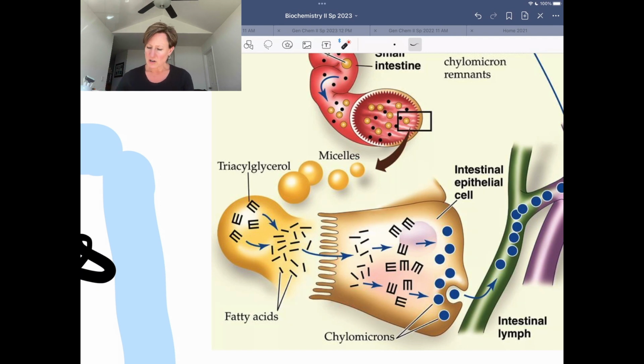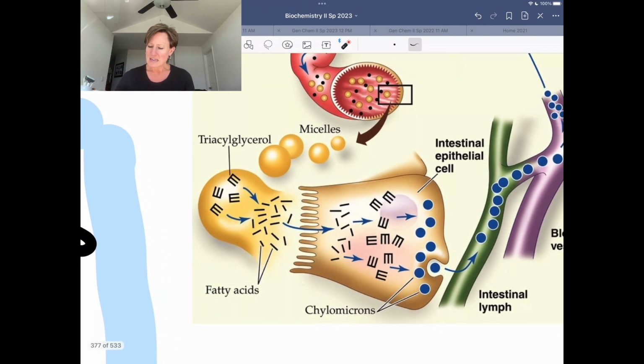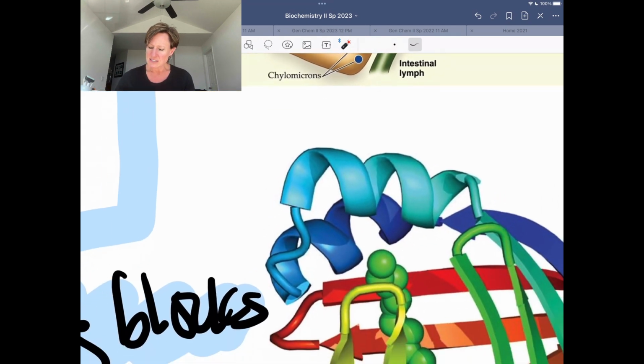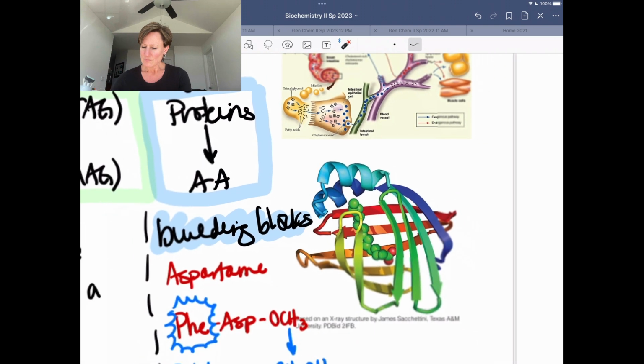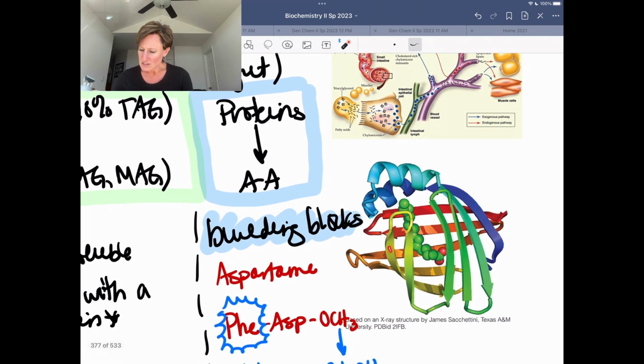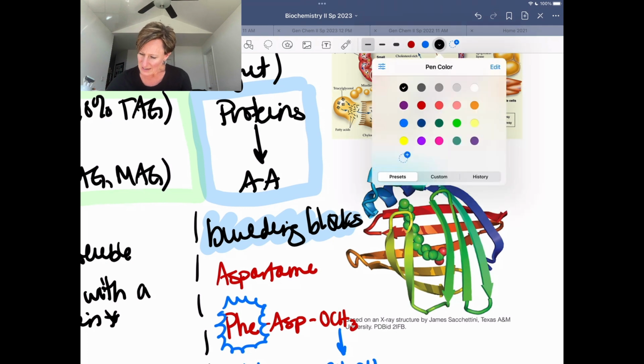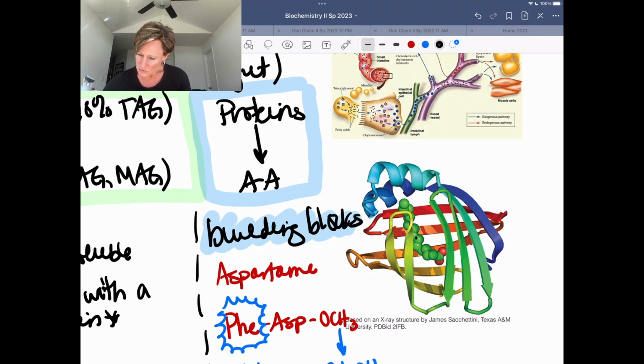But what we're going to do is complex any of these little black sticks that we see. They represent free fatty acids. So inside of these intestinal epithelial cells, what we're going to see is the complexing of these fatty acids. So here's a fatty acid here, represented by these black sticks in our picture.